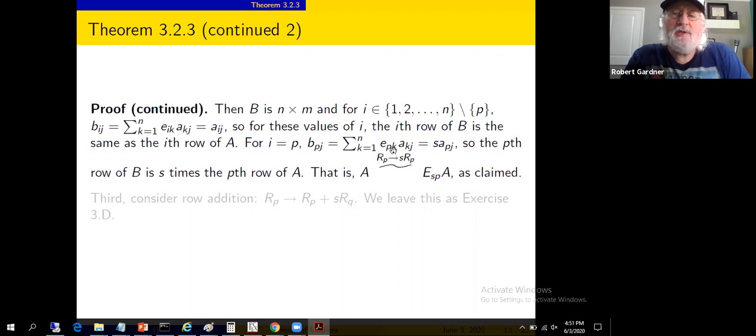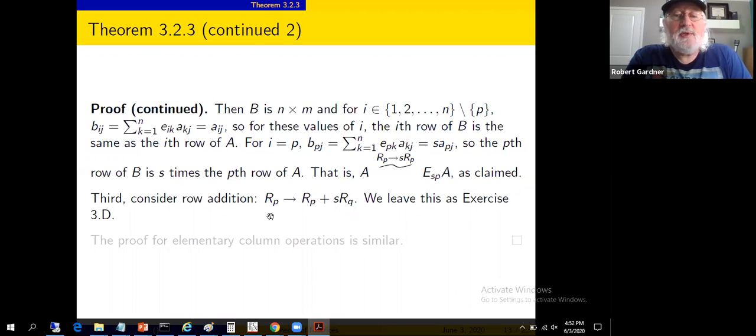It will be s at that time. K equals p will produce then s times a sub pj. So b sub pj equals s times a sub pj for all appropriate values of j. That is, the pth row of matrix B is s times the pth row of matrix A. And that's what we claimed there.